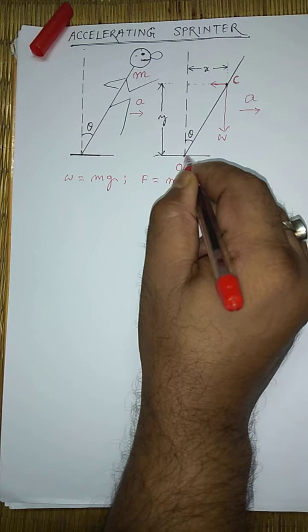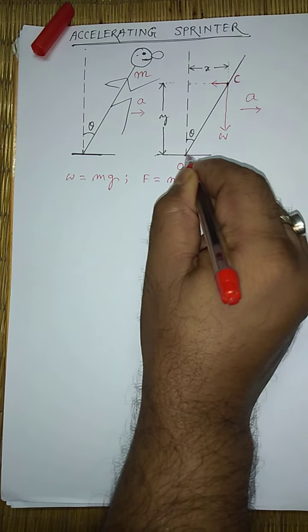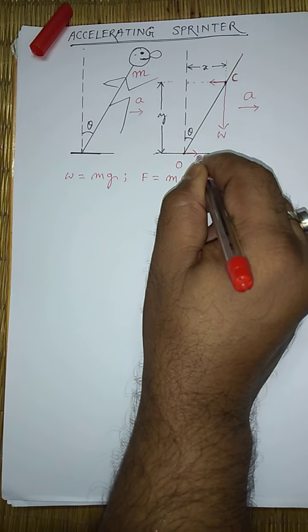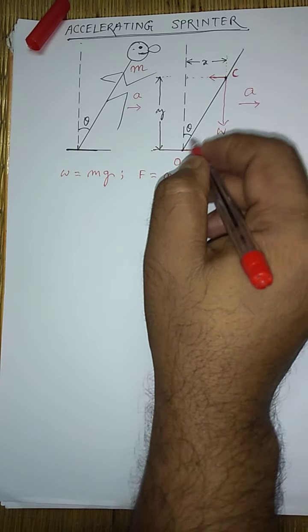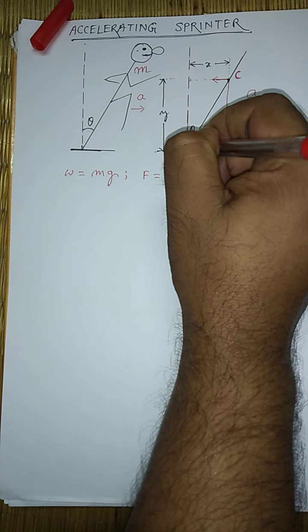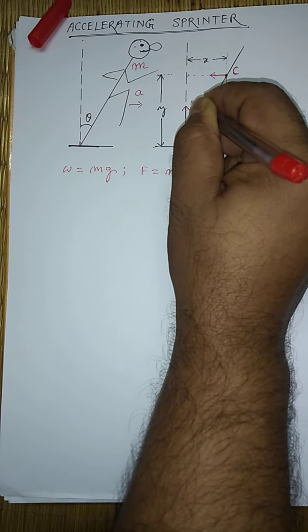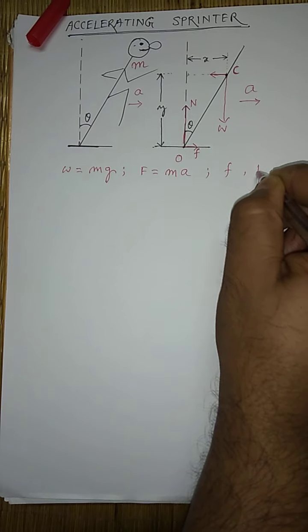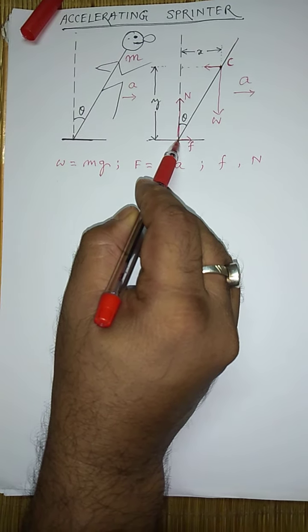So the force of static friction acts to the right, and let the magnitude of this force of static friction be small f. The normal force acts on the sprinter through the point of contact vertically upward, and let it be denoted N. So f and N are the two other forces acting at the point of contact.